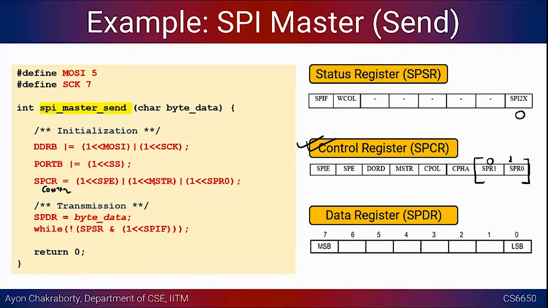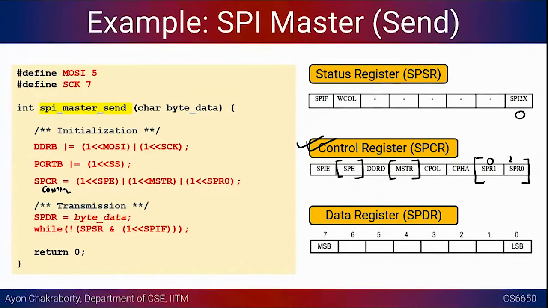The other thing is that we are touching this particular bit, declaring that we are using it as a master device, and then we are also enabling the SPI bus, right? So these are the things that we have written to this control register.